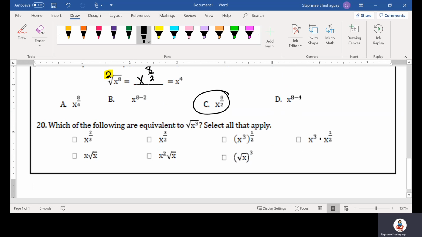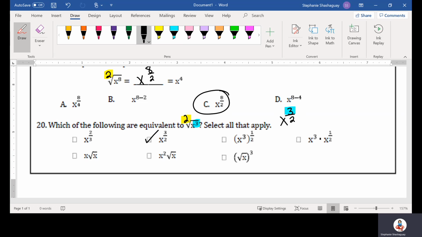Then we have number 20, which of the following are equivalent to the square root of x cubed? Again, there is an implied 2 there as my root, and the root is always my denominator. So that's going to be x to the 3 over 2, or x to the 3/2. And which ones match x to the 3/2?